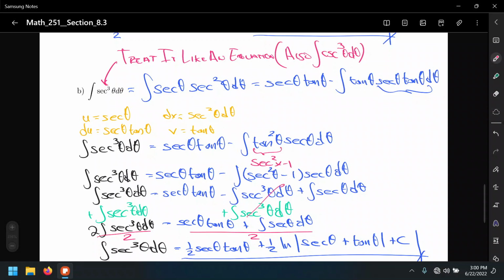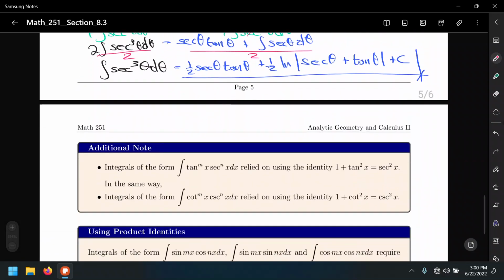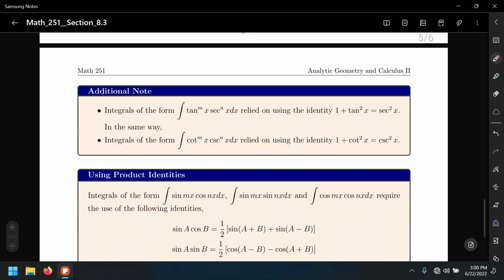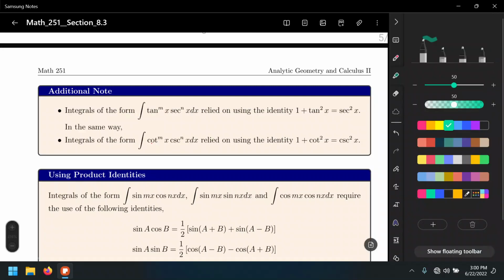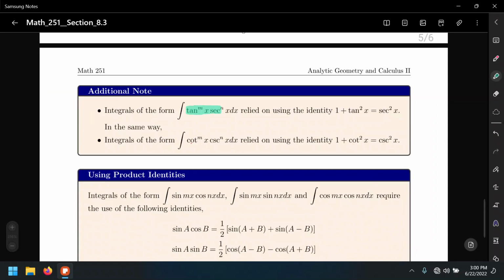All right, so notice for these problems we pretty much look at exercises involving tangents and secants. Of course, we can run into integrals that contain cotangents and cosecants, and for integrals with powers of tangents and powers of secants, we relied on this identity, the one that says 1 plus tangent squared equals secant squared.